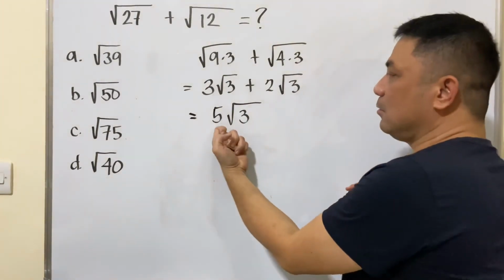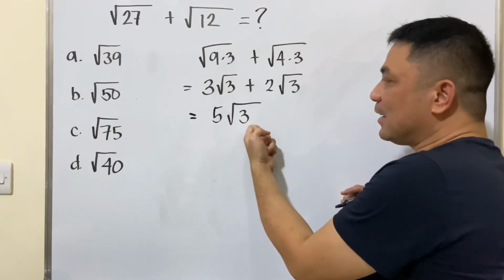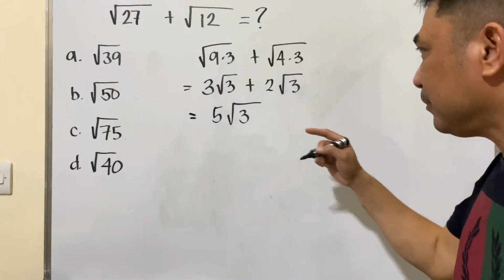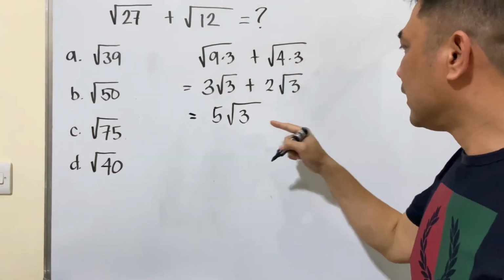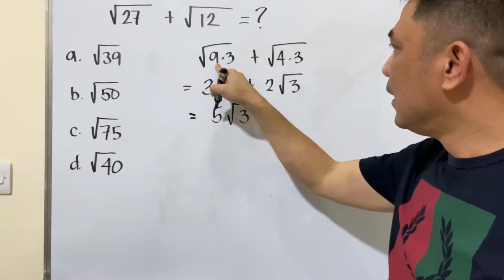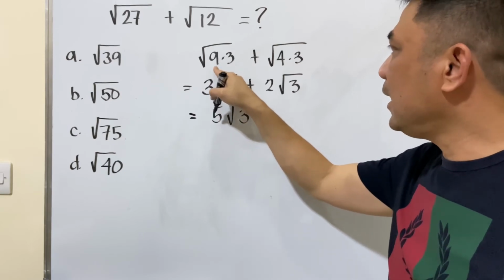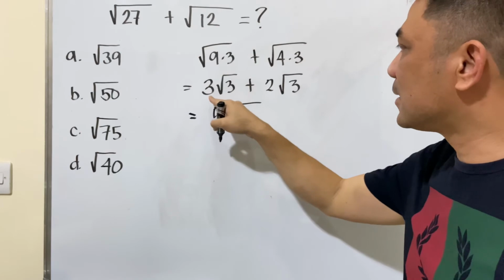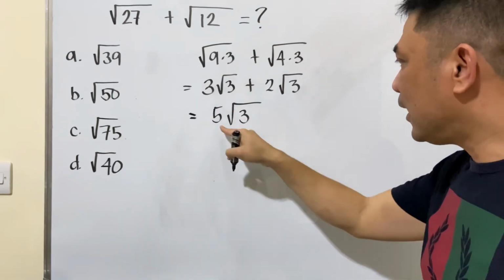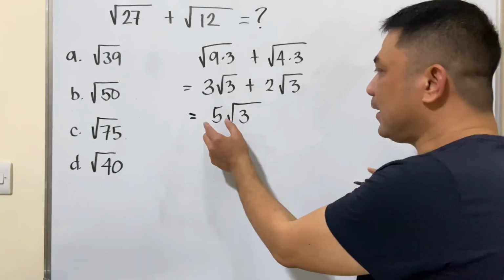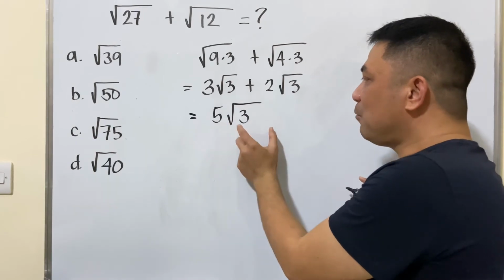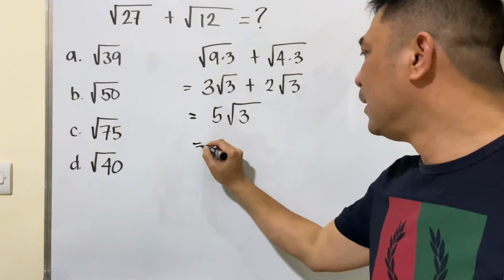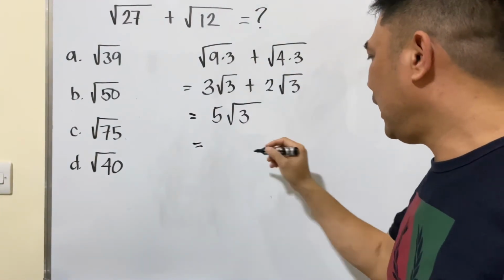If I try to put the 5 back inside the radical sign, what will I do? As you can see here, the 9 became 3 when we took it out. So to have 5 here, I'll put 5 inside the radical sign.